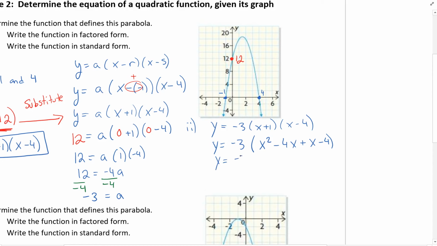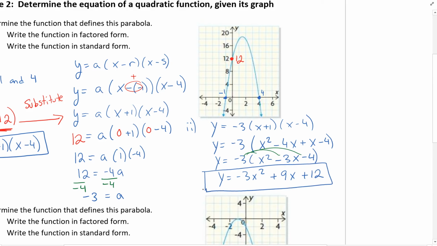Simplify: −3(x² − 3x − 4). And now we're going to distribute this −3 all the way through. So y is equal to −3x² + 9x + 12. And you've got your standard form.